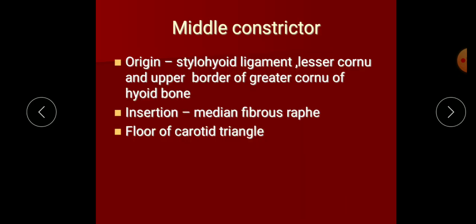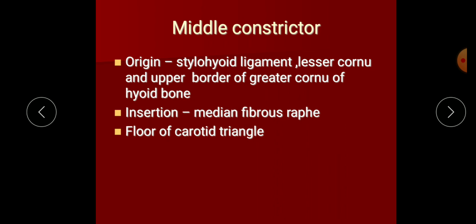So read that: the origin is from the stylohyoid ligament, from the lesser cornu, and from the upper border of the greater cornu of the hyoid bone, passing laterally and finally getting inserted into the median fibrous raphe.